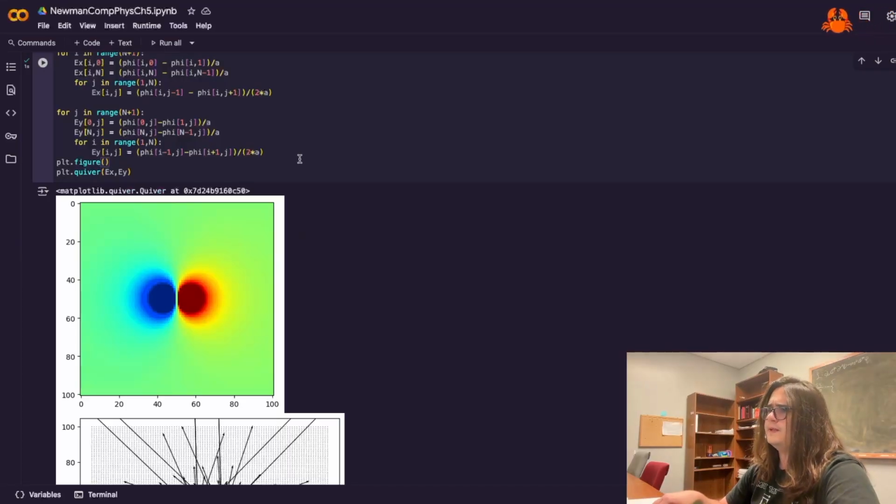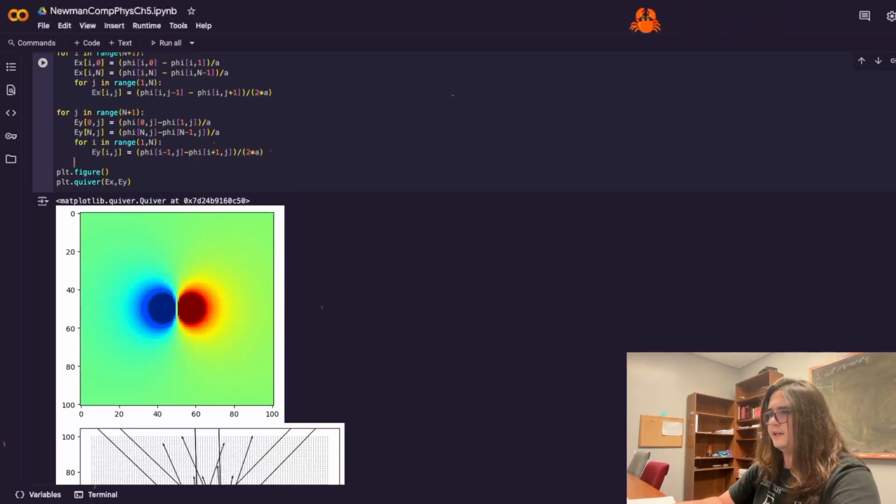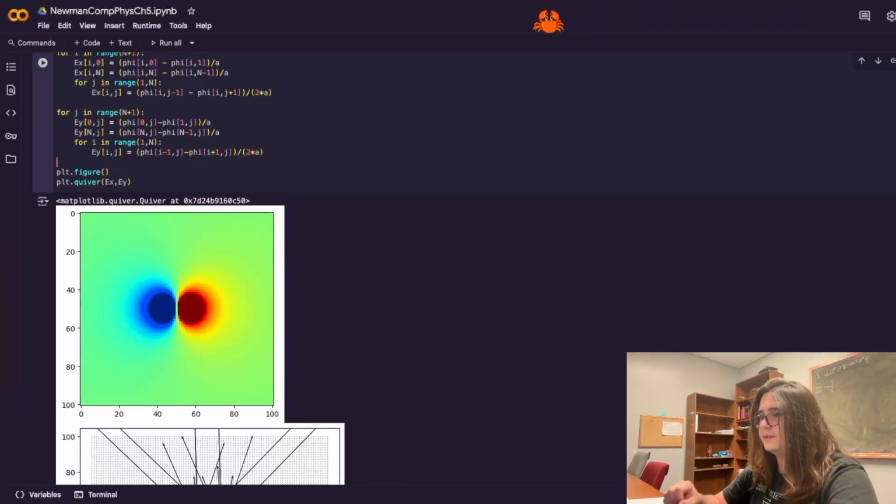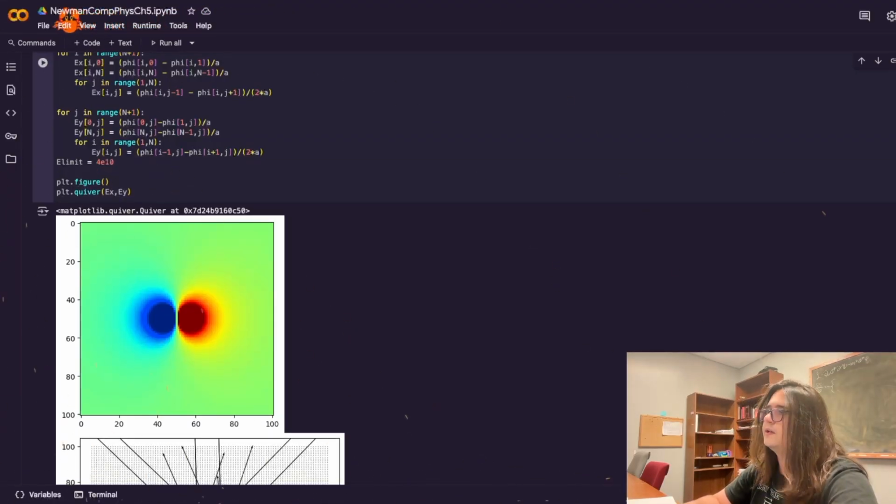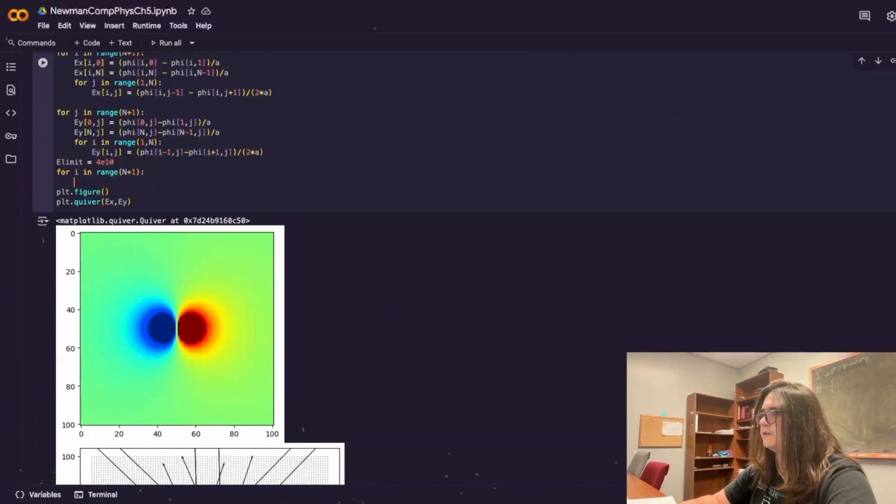So instead of just getting the quiver naively like that, we can try and scale it down a little bit by setting a limiting magnitude for the electric field. For our purposes, 4E10 I found works. So now we're just going to run through the entire EX array and EY array by running through all the values of i and j.